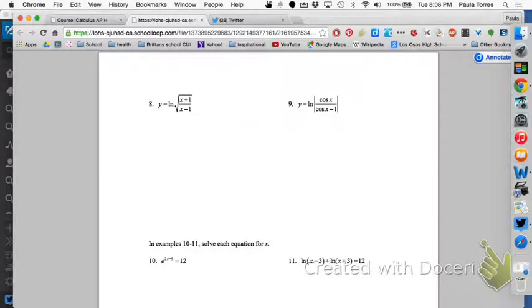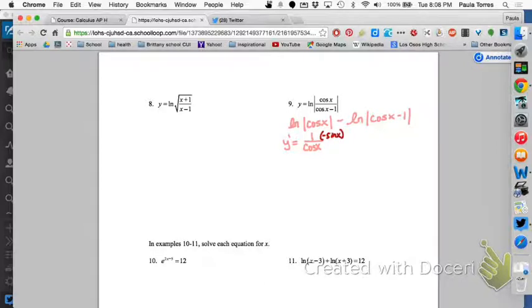So, same thing for this one. I could split because it's a quotient. And remember my natural log rules for absolute value. They work the same, with or without. And so I want 1, so y prime is 1 over the stuff times the derivative of the stuff, but the derivative of cosine is negative sine.